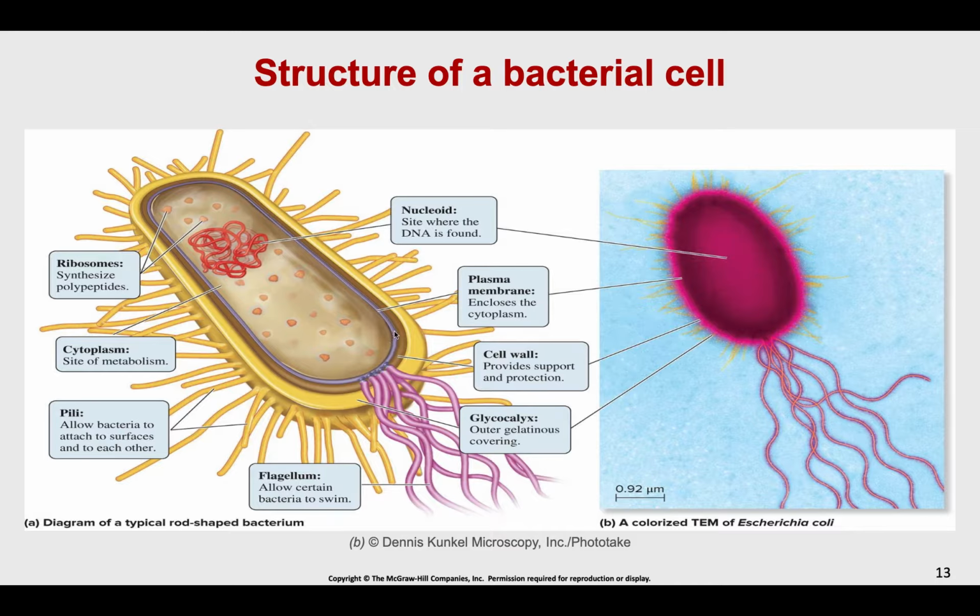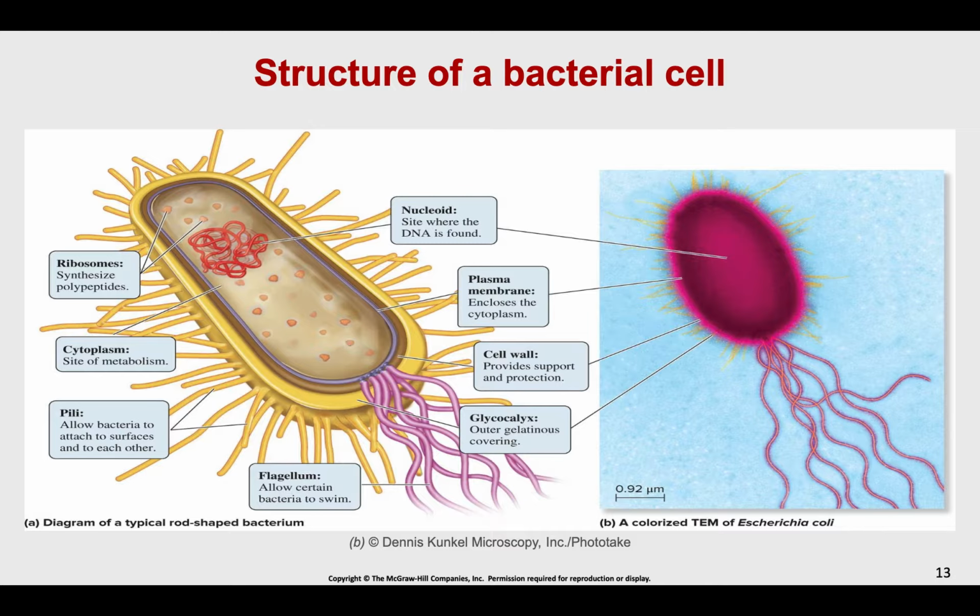It contains those phospholipid bilayers as well as embedded proteins, and it forms a barrier between the internal cellular environment and the external cellular environment. If we look at the environment inside of our plasma membrane, there are a few things to note.